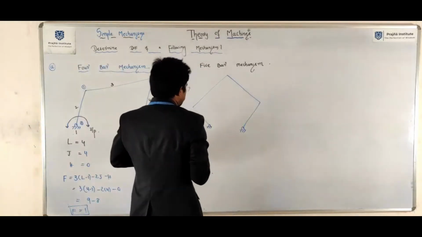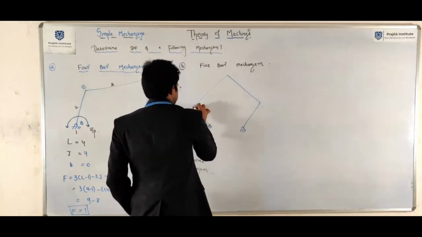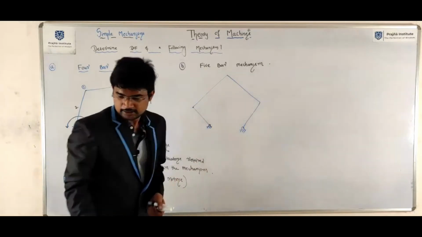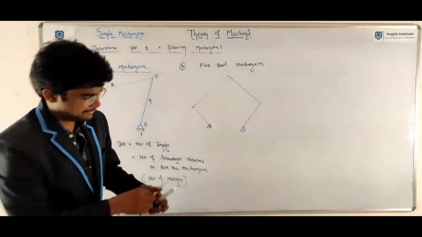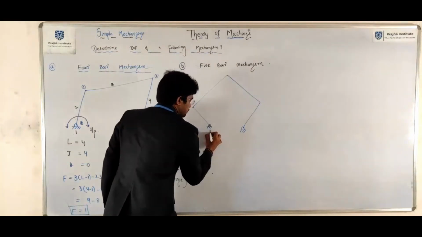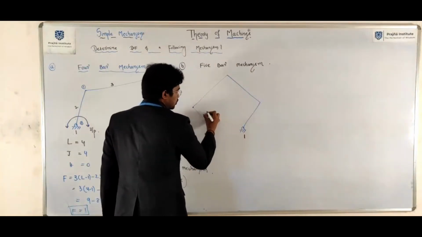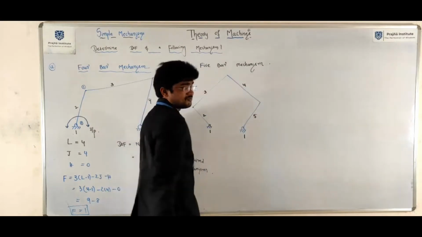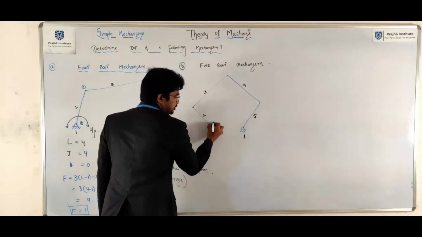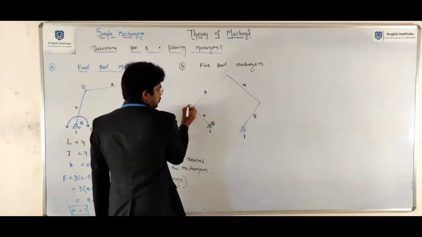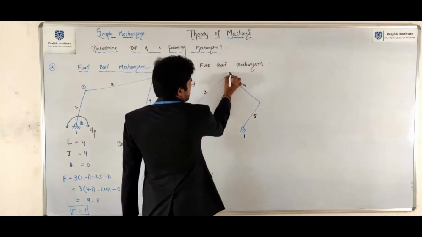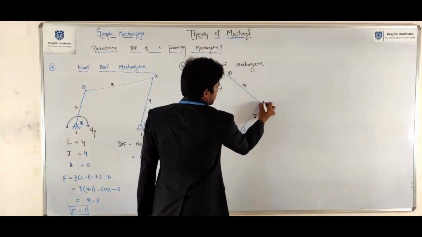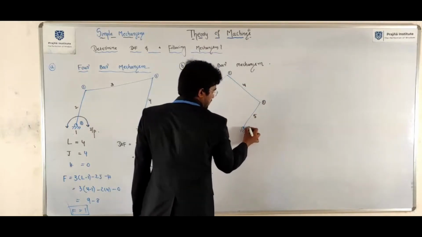For the 5-bar mechanism, fixed link 1, then 2, 3, 4, 5. Five bars. Between 1 and 2, turning pair; 2 and 3, turning pair; 3 and 4, turning pair; 4 and 5, turning pair; 5 and 1, turning pair.